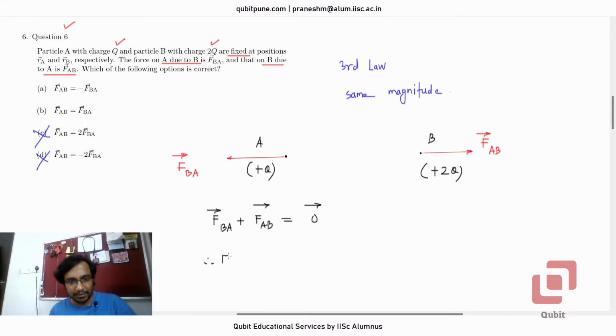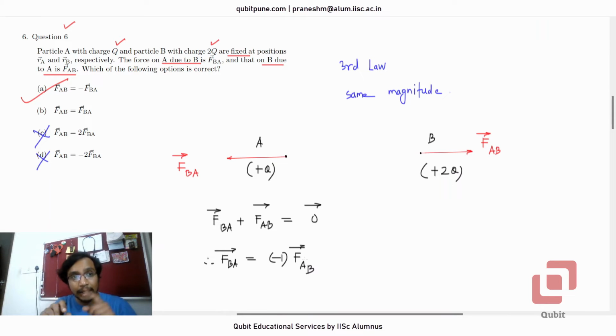So that gives us FBA bar to be negative of FAB bar. Yeah, so that is option A. If FAB bar is negative of FBA bar, that is as good as FBA bar being negative of FAB bar.